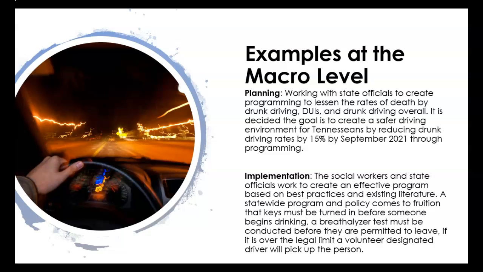But then when you're actually creating the plans, the planning and implementation for client systems, you will need to do the same thing: come up with the goals and the objectives, and make sure you can clearly outline them.